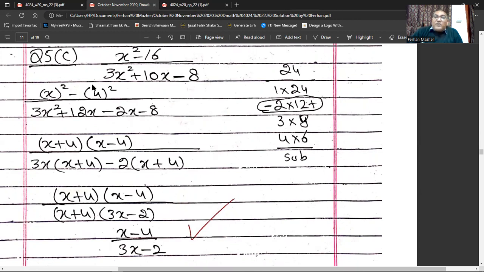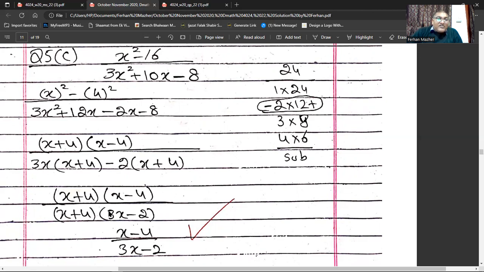Upstairs, because these are two perfect squares and a negative between them, they will convert into x plus 4 into x minus 4. Downstairs, from the first two terms, I can take 3x common. In the bracket, I will have x plus 4, bracket close, minus, in the last two terms, 2 is common, bracket x plus 4, bracket close. Now from the denominator, x plus 4 is common. From here, I will have 3x.